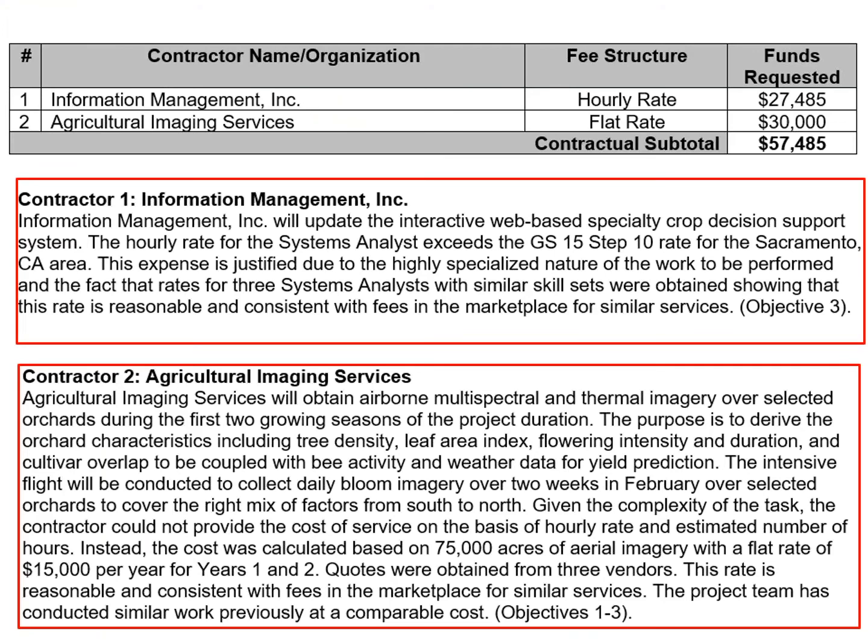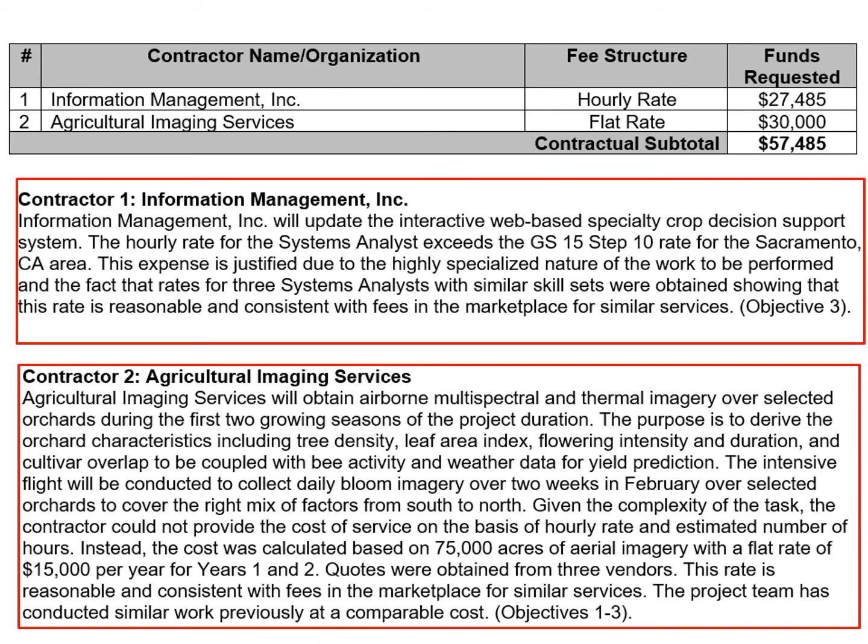This is an example of a project with two contractors. The table lists the contractor's organization, specifies the fee structure that will be used for each, and indicates the total amount of funds requested. Below the table is a justification for each contractor.